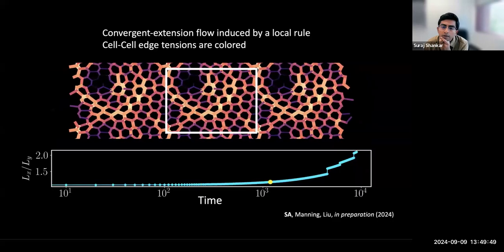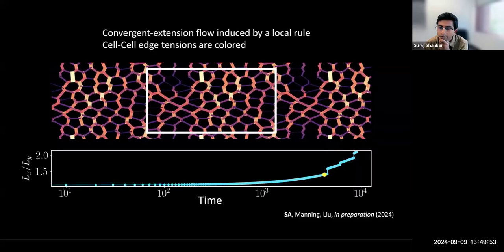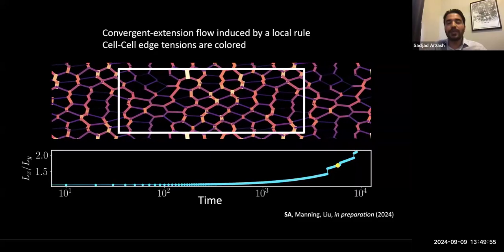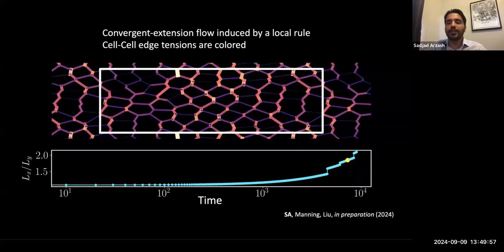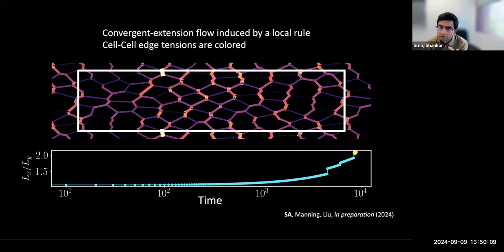Sajjad, a quick question. Are T1 transitions permitted or are they not allowed in these minimizations? These are actually permitted, and you can see some of them, although it's hard to see which cells. I'm going to show some statistics of them and how that's related to this elongation. And maybe you'll say a little bit about how much of the convergent extension is because of an anisotropic shape change of individual cells.